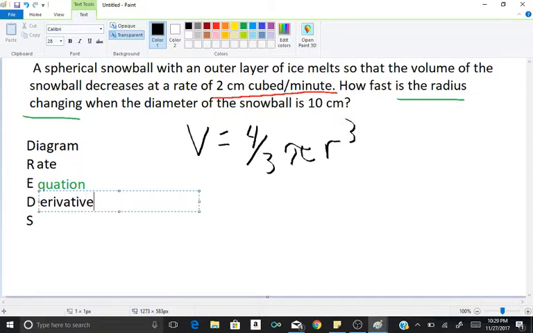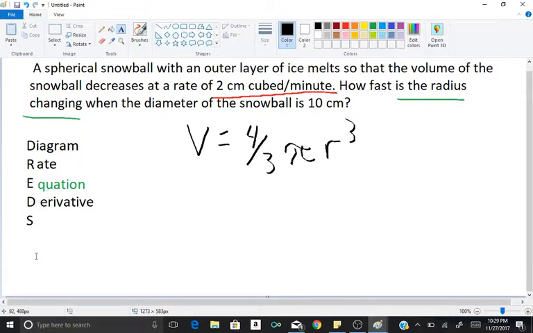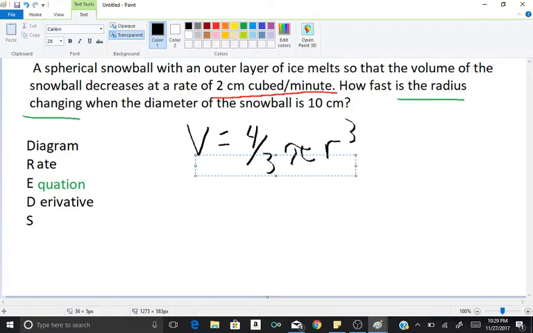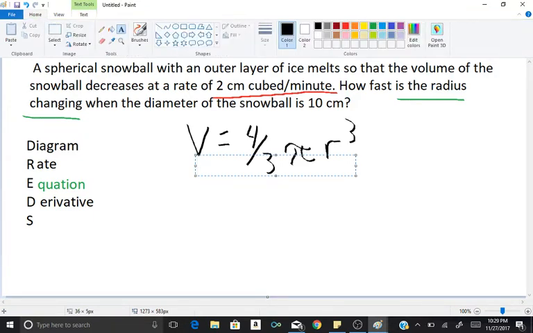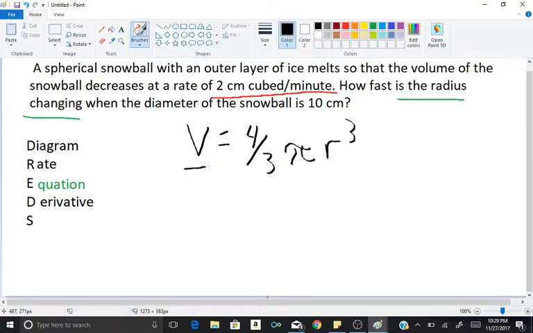We are going to take the derivative of that function. Now, related rates are kind of like implicit differentiation in that we've got two variables here. We have volume and we have radius. So when we take the derivative of this, we have to include the rate at which those things are changing. If the function is volume, then the derivative is the rate at which the volume is changing.